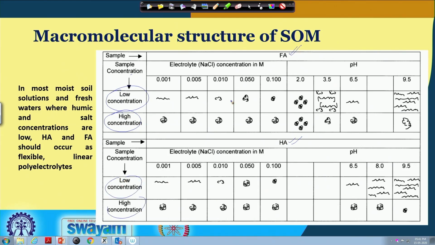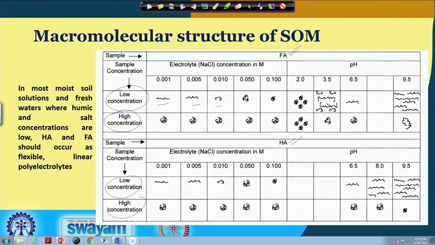In case of low concentration, when the molar electrolyte concentration is low, we can see linear structures. However, as the electrolyte concentration is increasing, we are getting different types of spheroidal structure. Also, when the concentration of the sample is increasing, we are getting spheroid-like macromolecular structures.